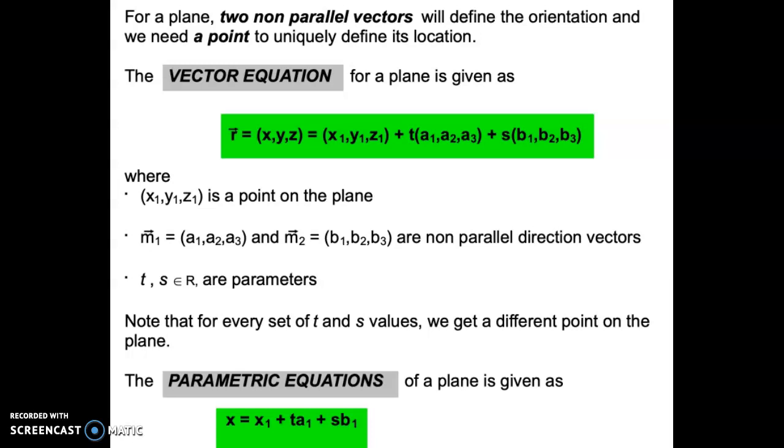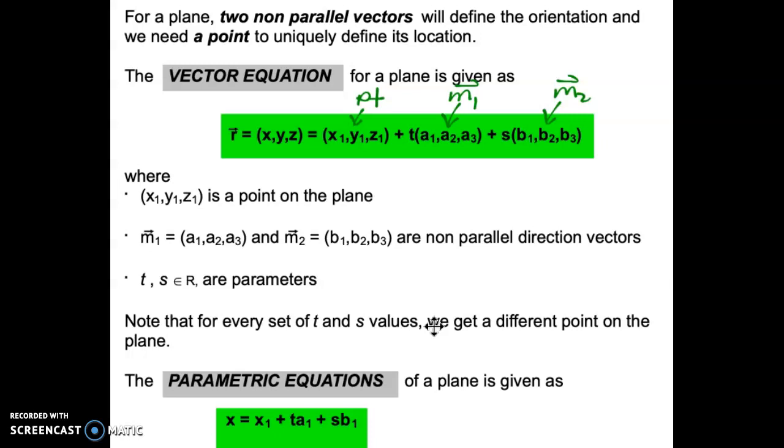And to form equations, it's actually very similar to what you've already done. So for the vector equation, it's going to be r equals the point, because we still need one of those, plus t times your first direction vector, your m1, plus s times your second direction vector, your m2.